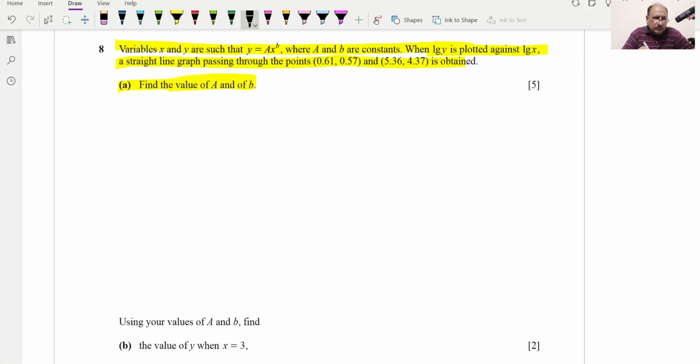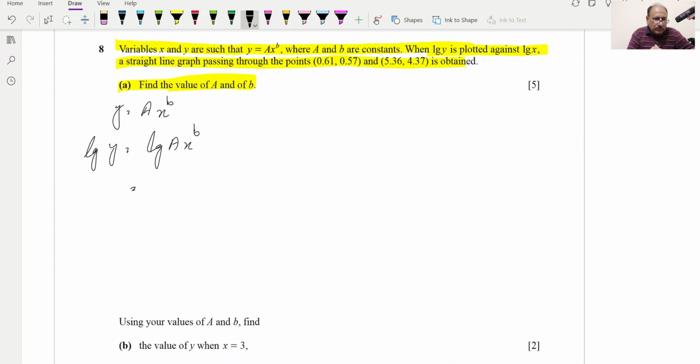So what we can do, we have this equation y is equal to a x raised to the power b, and we can basically take log on both sides. So log of y will be equal to log of a x raised to the power b.